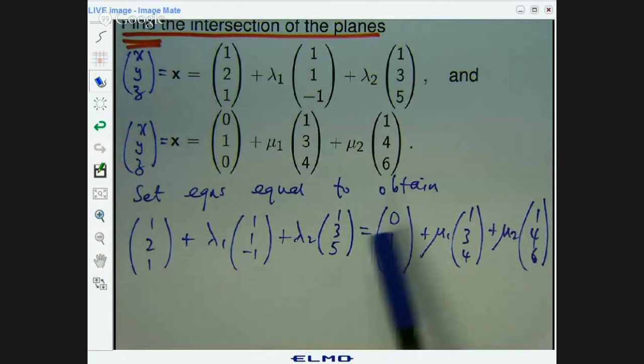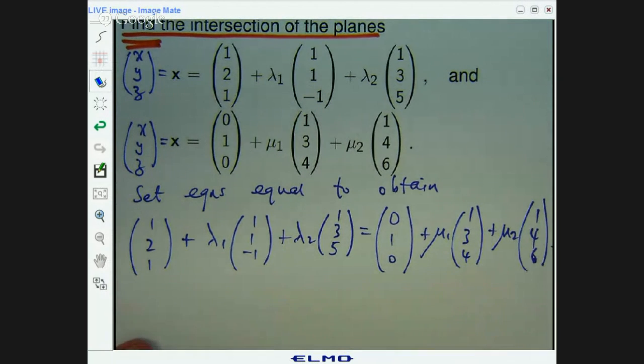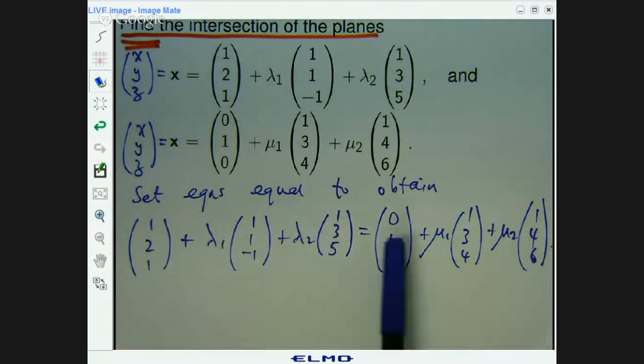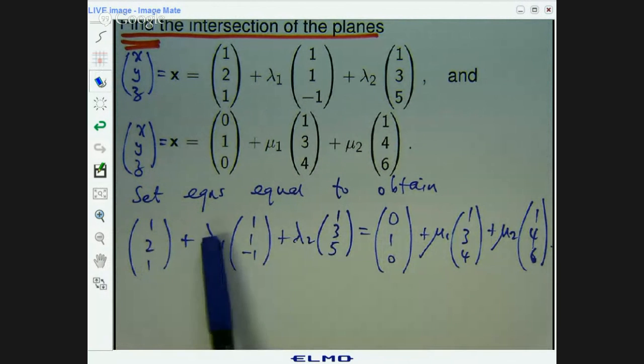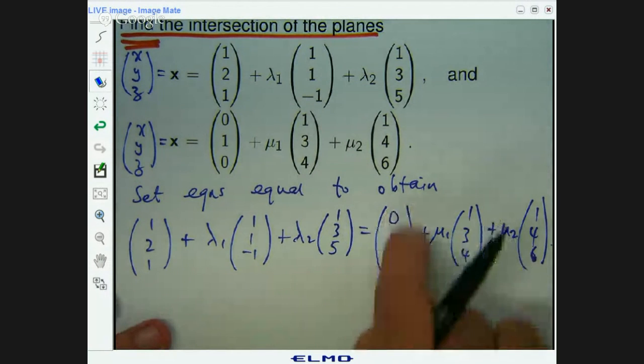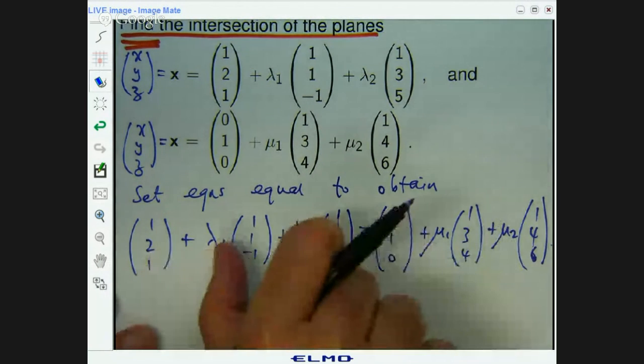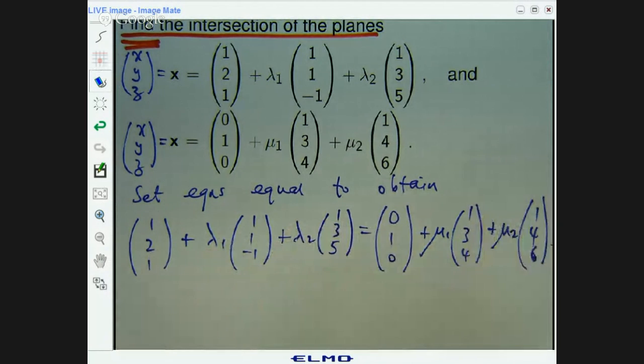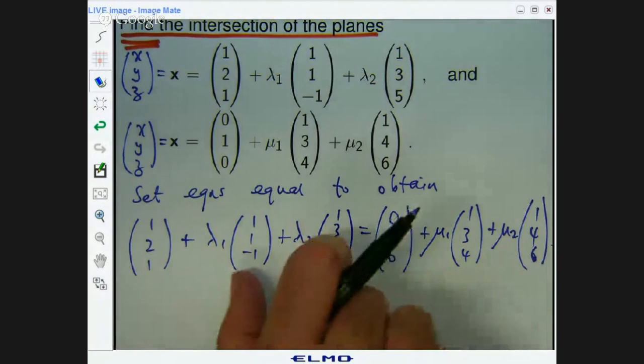Okay, so this is written now in vector form. So let's set up an augmented matrix. First of all, we want to get all the constant vectors on one side and lambda 1, lambda 2, mu 1, mu 2 on the other side. So what I'm going to do is take this to this side and these two to that side.